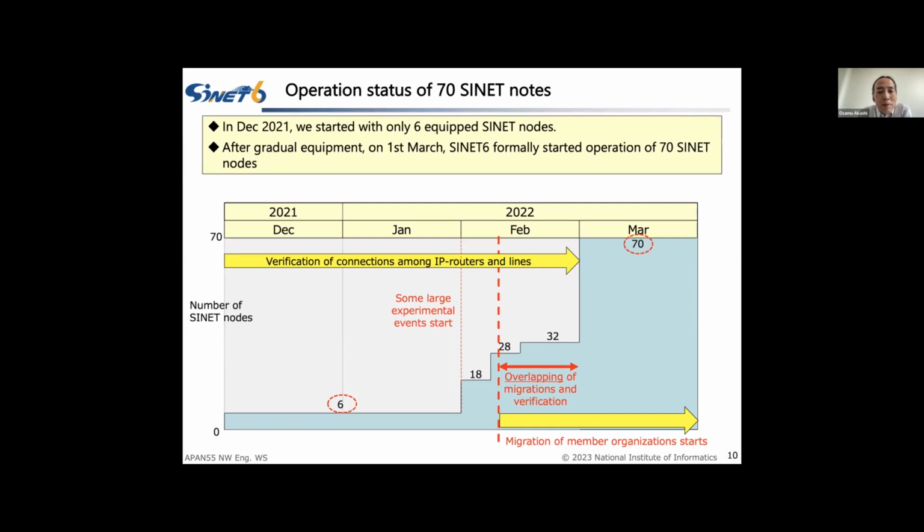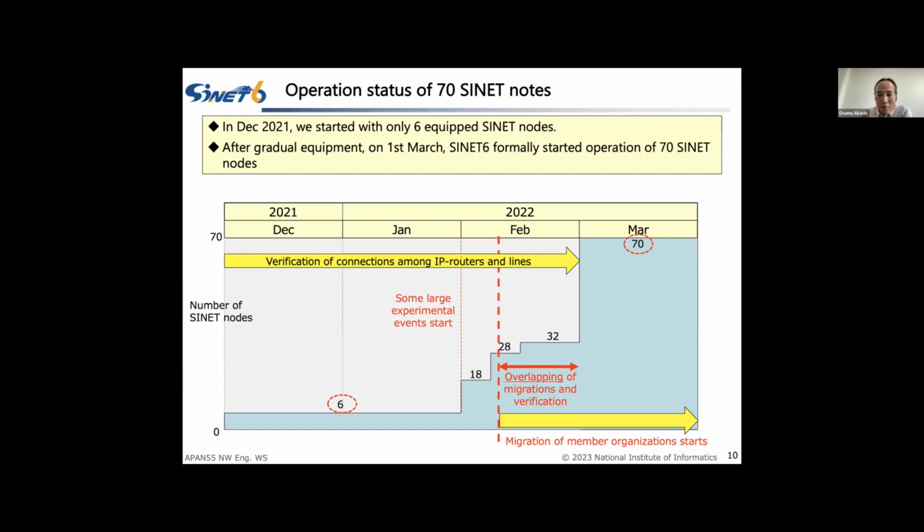So we have to start 6 data centers for equipment installation. So by the end of January, we only had 18 SINET nodes. And in February, we did the installation work. And by the end of February, we equipped the 70 SINET nodes.